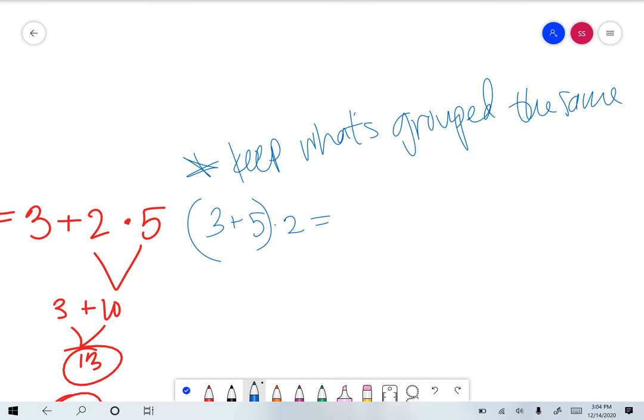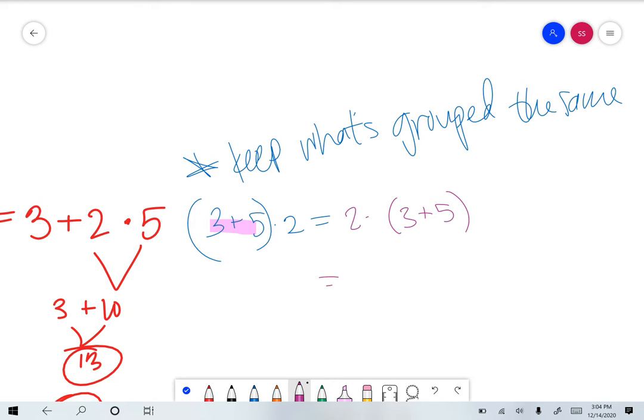So right now we have 3 and 5 being added in parentheses. So you have to keep the 3 and the 5 being added in parentheses for this to work. But there are other ways we can reorder things, right? Instead of moving like the 5 over here and the 2 in here, what we could do is move the times 2 to the other side of the parentheses. So we could do 2 times 3 plus 5. Okay, and that would still work.